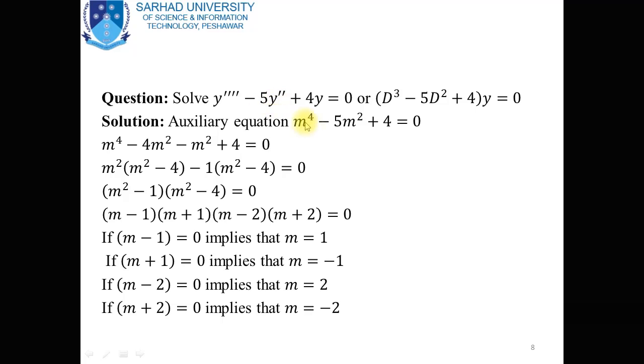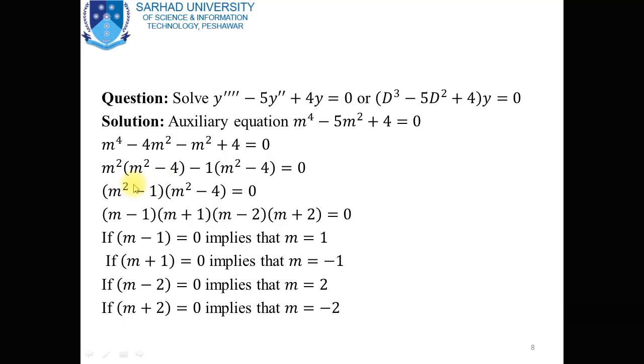So to find the roots of this auxiliary equation, we can factorize it in the form of m power 4 minus 4m square minus m square plus 4 is equal to 0 by sum and product. Now taking m square from these two terms, m square into m square minus 4, and taking common minus 1 from these two terms, minus 1 into m square minus 4 is equal to 0.